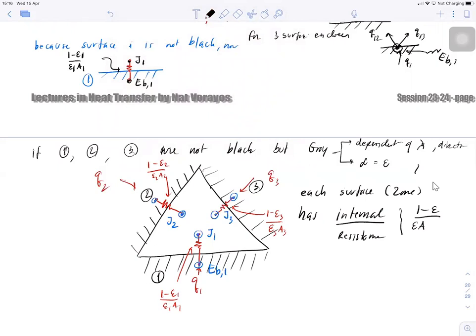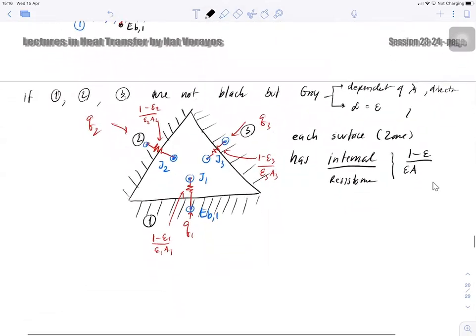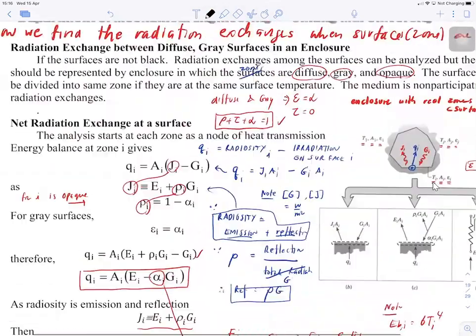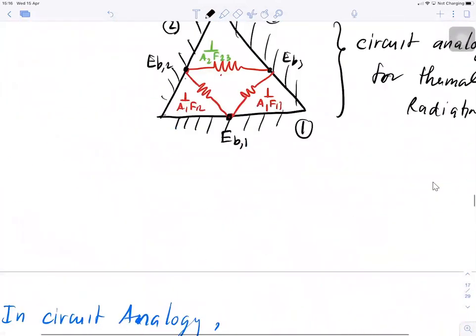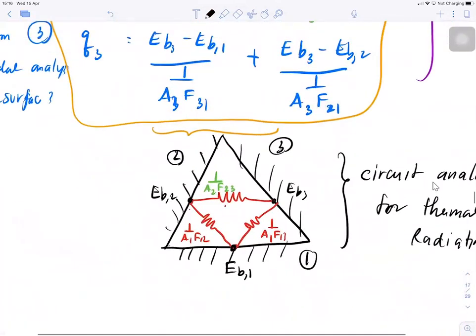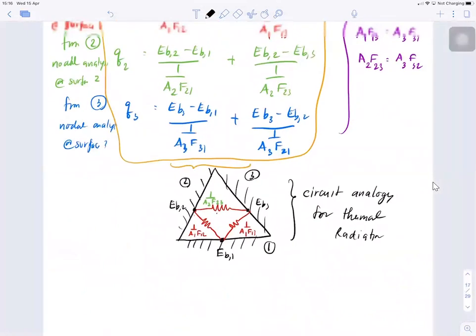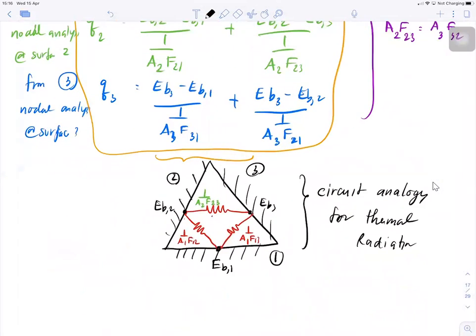Okay, now you understand a little bit more. In comparison with what you have for the black body, remember what you have for the black body? If surface 1, 2, and 3 are black, this is what happens.